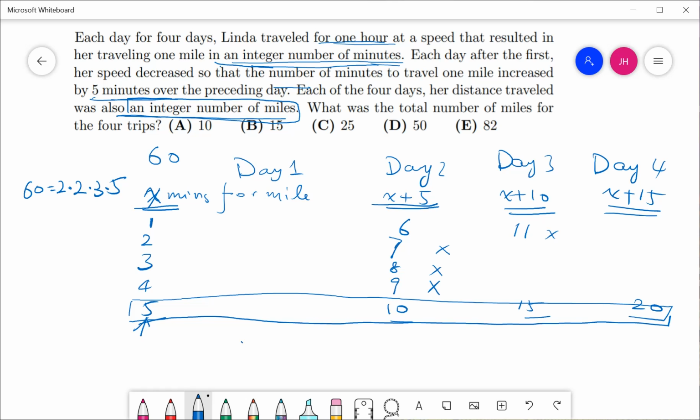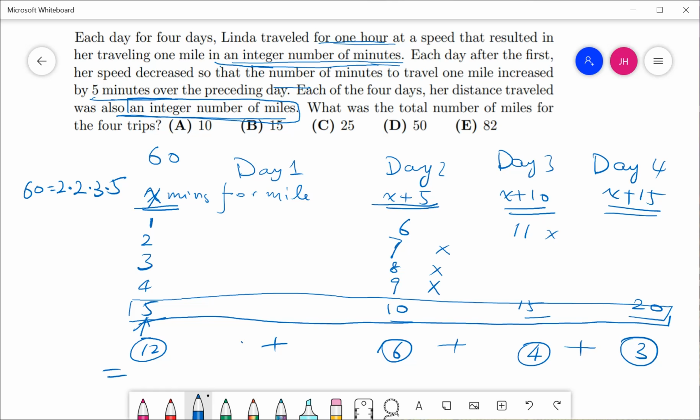Then she has to travel 60 divided by 5, so that's 12 miles. And on the second day, she traveled 60 divided by 10, that's 6 miles. And then 4 miles for day 3, and 3 miles for day 4. So these are the total number of miles that she traveled on each day.